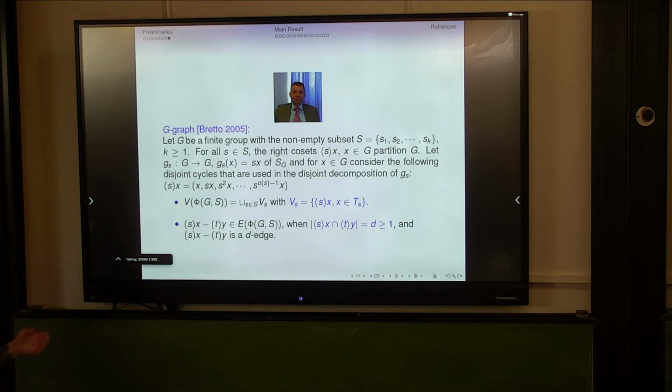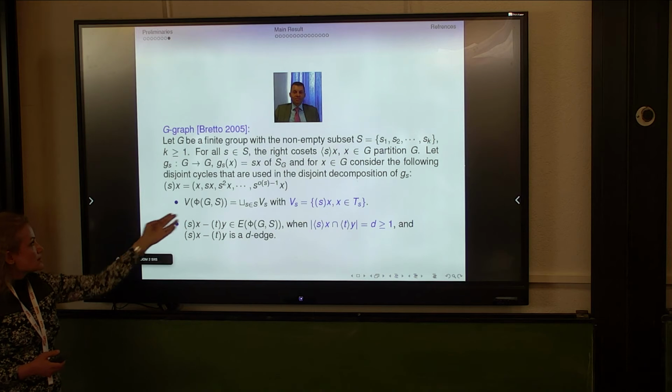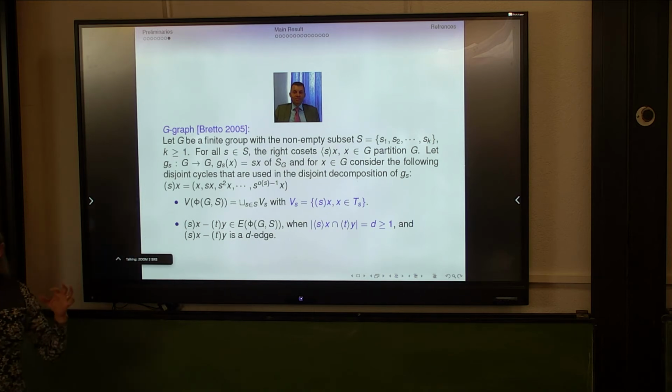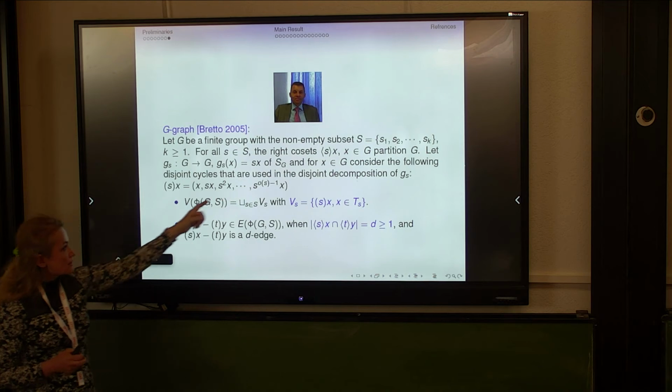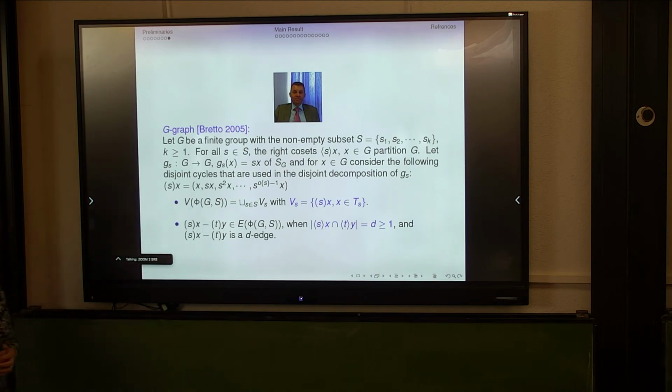The set of vertices of this structure are such cycles: the set of right cosets of each ⟨S⟩x, and these cycles are x to the S or to the ⊕S minus 1 x. These are the vertices, and two vertices are adjacent if and only if the intersection of their right cosets has at least one element in common.